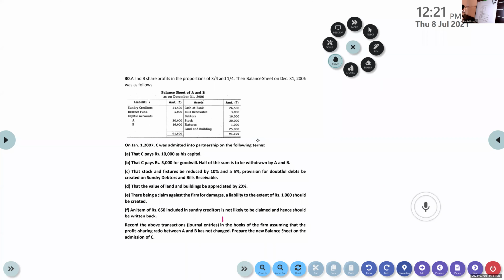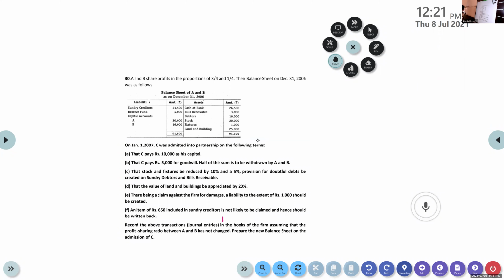Now, C is admitted and C is bringing 10,000 capital. 5,000 is bringing as goodwill, and out of the 5,000, half of the sum is withdrawn by A and B. So here the old partners are going to withdraw goodwill amount.